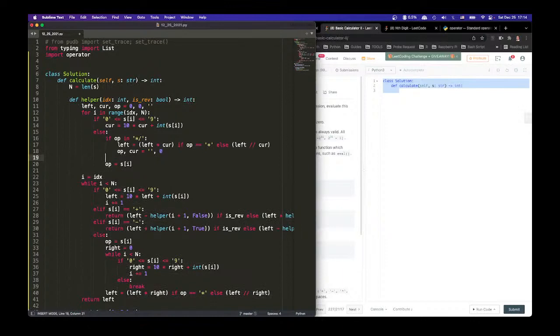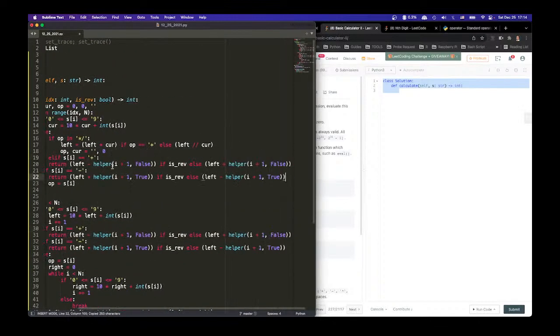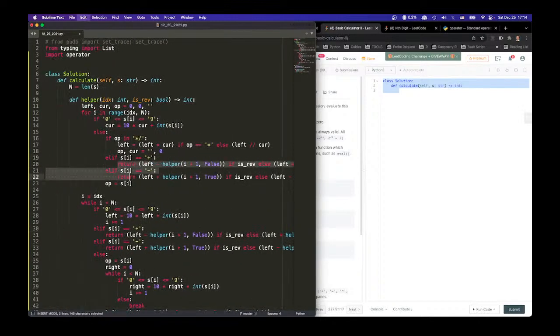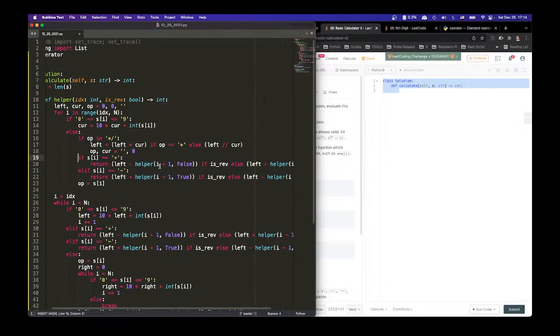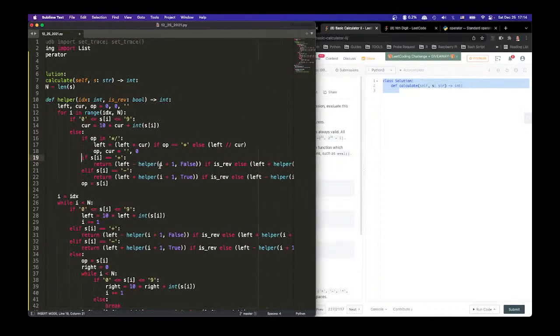So we do this, we get an updated left, all right? We get updated left, and we can do this, plus or minus, right? That's a thing we need to take care of. We say if this is plus, then we do this, and then we just return it. Immediately, we're done.